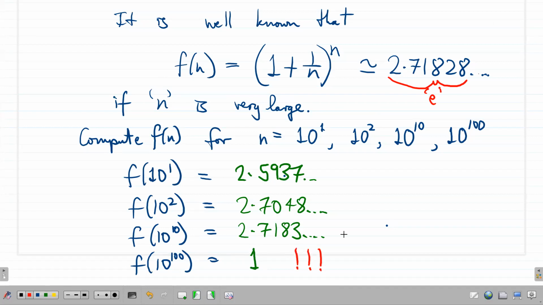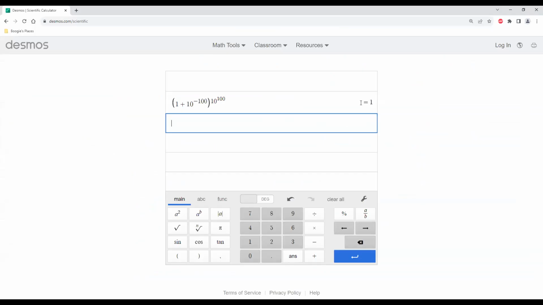I was doing so well. As I was going down, I was approaching the true value of e. And suddenly, my calculator's thrown a wobbly, and when I've put in n equals 10 to the 100, which is a huge number, my calculator has let me down completely. There's no way that this coincides with the number e.